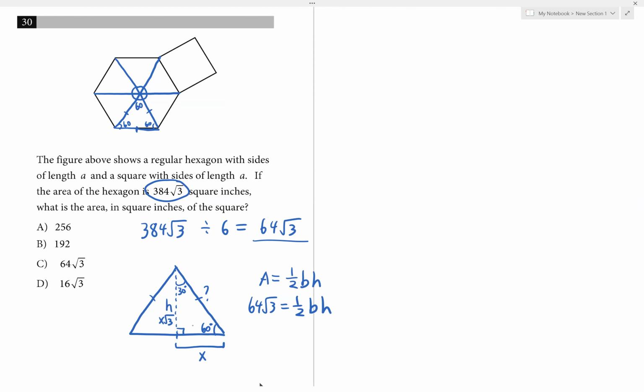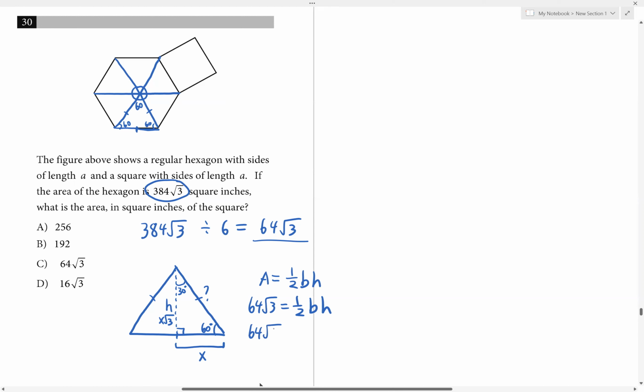That's the ratio for 30-60-90, and it's on the formula sheet as well if you need to refer back to it. So we can plug in the base and the height and solve for x.